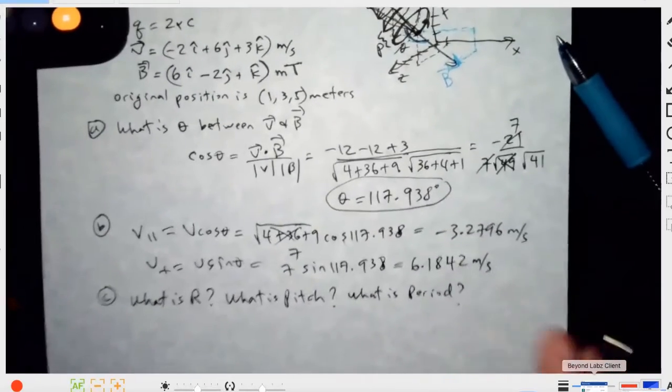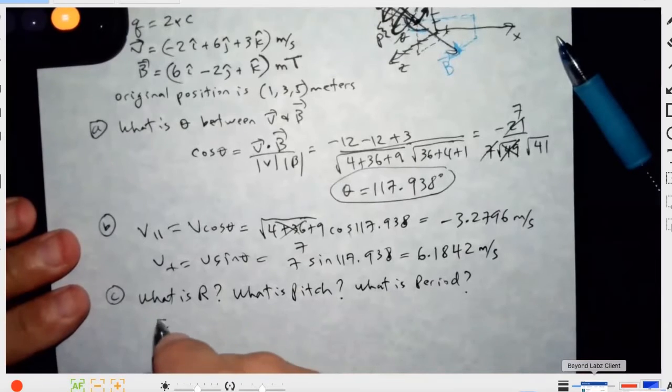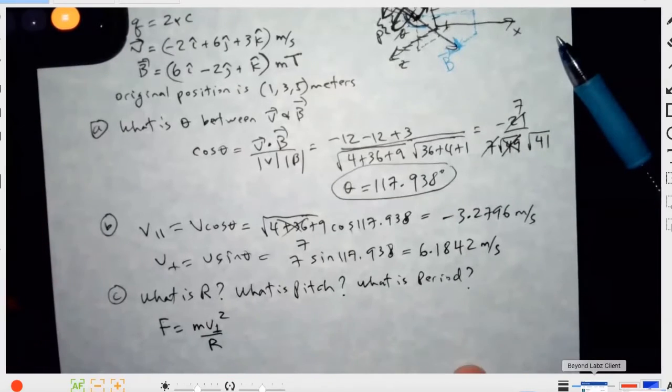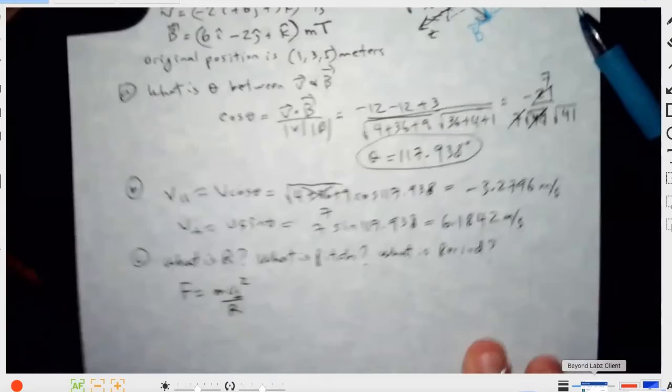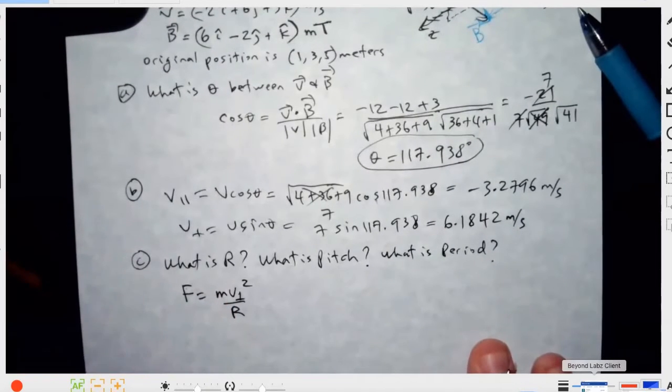So then the radius of the orbit, remember, F is equal to mv perpendicular squared over r. So only the perpendicular component takes part in the circular motion.